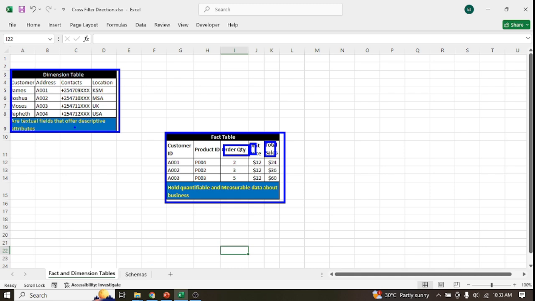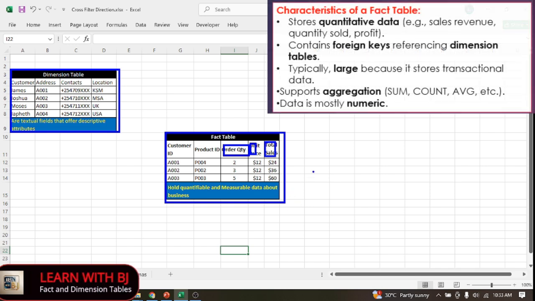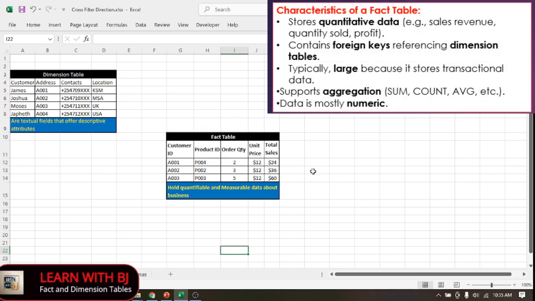So we have some characteristics about fact table. So we are saying that a fact table stores quantitative data. Like now we have sales, we have unit price, we have quantity.